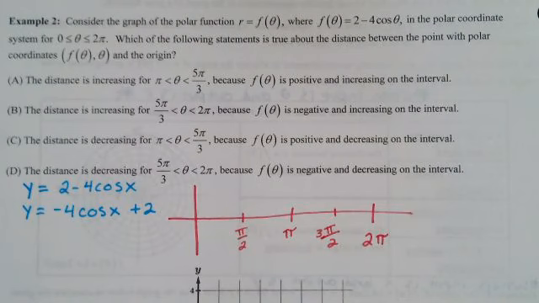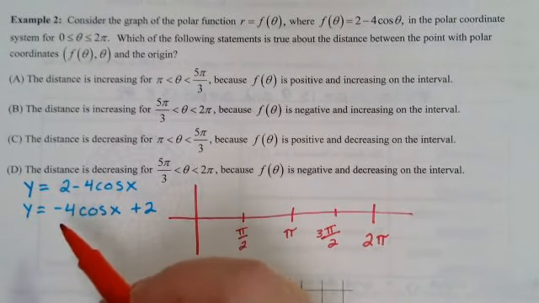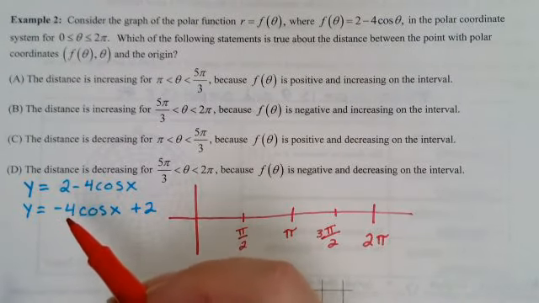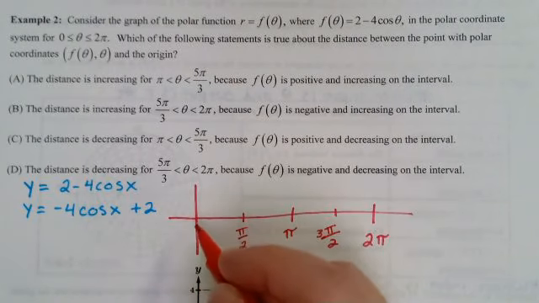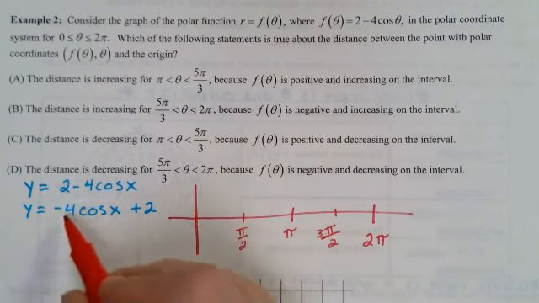You think of what the typical cosine function looks like, and it hits the extrema on the y-axis. This one is going to hit its minimum on the y-axis. And it's also been moved up 2, and it's been stretched by 4.